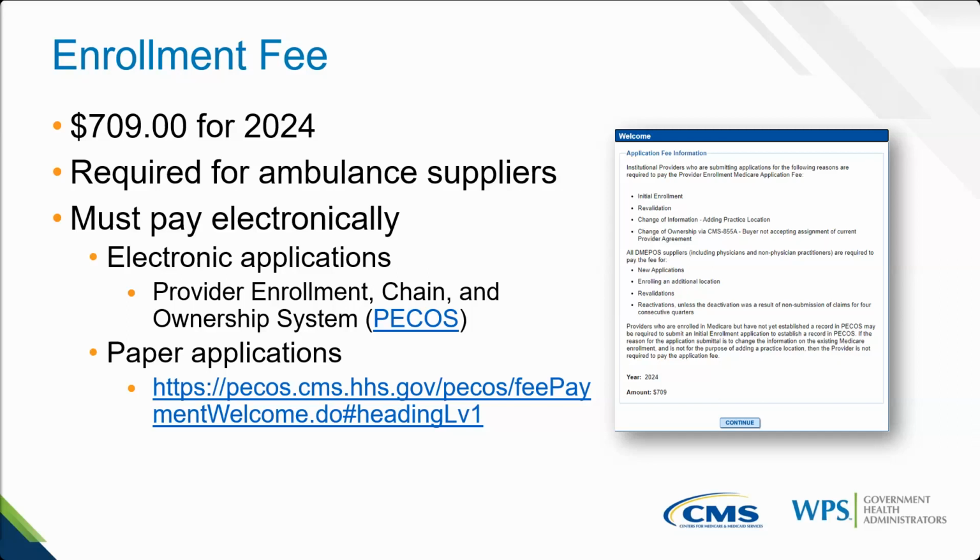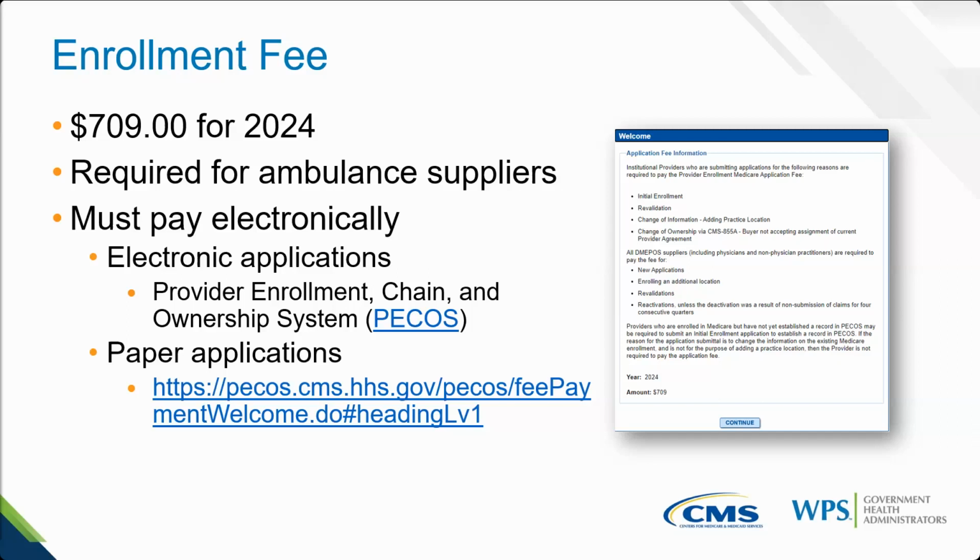So when you're in Pecos, if you are submitting your application electronically through the provider enrollment chain and ownership system, so again, Pecos, it's going to ask you questions for initial enrollments, revalidations, and those changes that are going to increase those number of locations. It's going to ask you if you've paid your enrollment fee, and if not, it's going to help facilitate that enrollment fee.